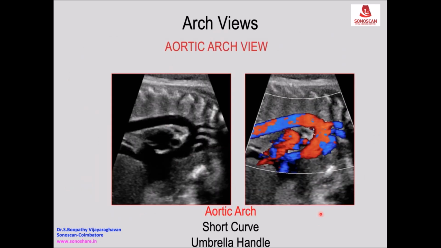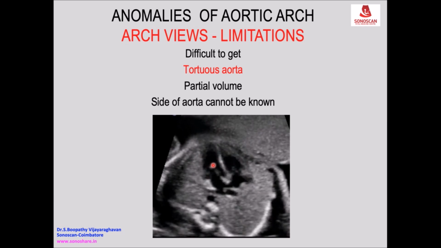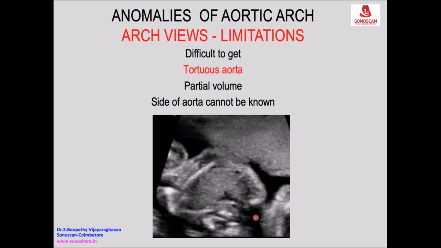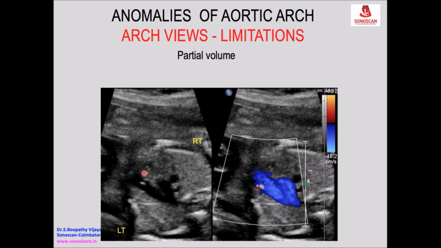It resembles an umbrella, with the left subclavian artery arising independently, like a hockey stick. That is the wide curve, and the anatomy is that this is the right ventricle. The aorta arises from the posterior left ventricle, goes towards the right shoulder, and then turns.